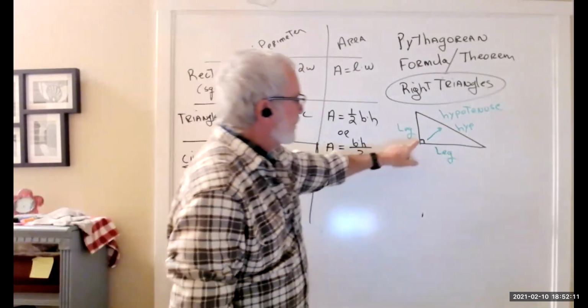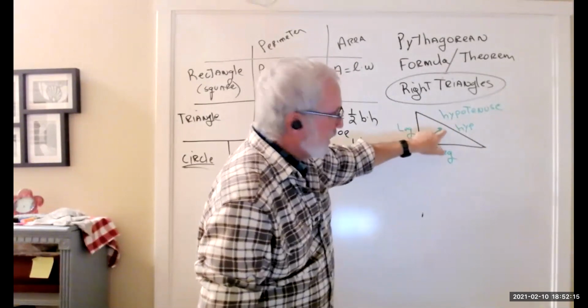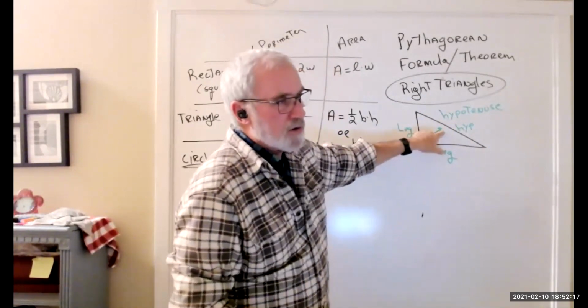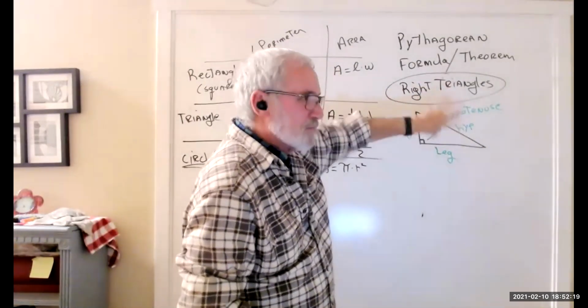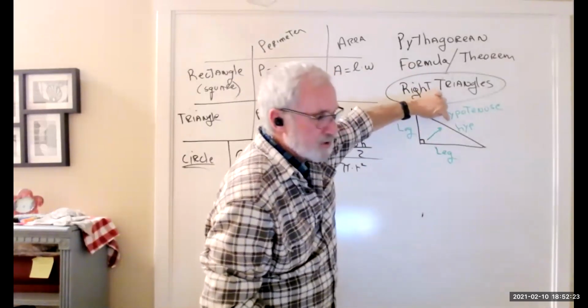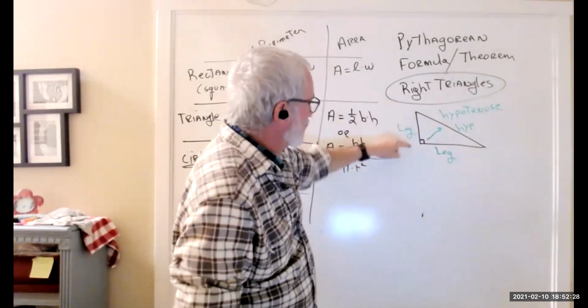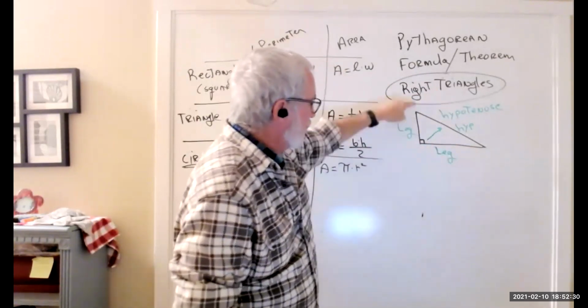But the hypotenuse is always the side opposite the right angle. No matter how we draw this, no matter how we twist this in space, the hypotenuse is always the side that's opposite the right angle. And the legs are always the two sides that make the right angle.